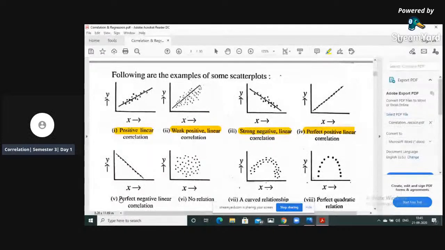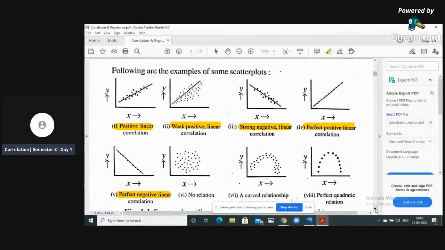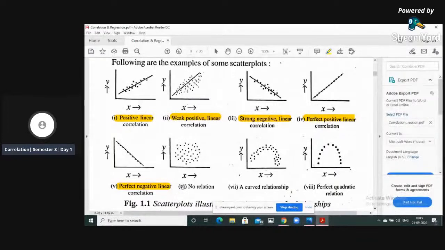Fifth, perfect negative linear correlation, where the points are in the downward direction and fall exactly on the fitted line. Next, if there is no relation at all, the points appear in a circular manner. Seventh kind of relationship is a curved relationship, which looks like this.